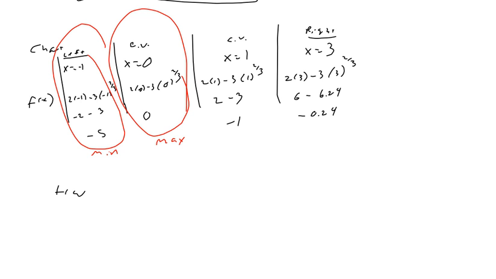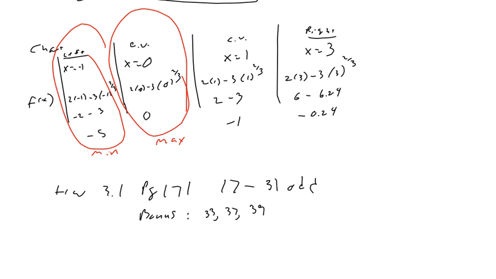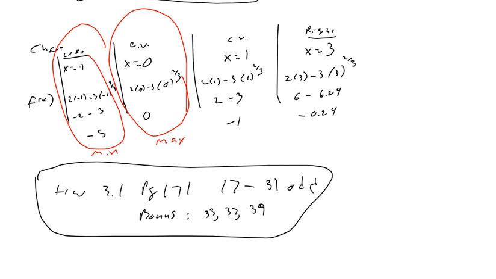I would like you to try numbers 17 through 31 odd, and there's a bonus if you want to try 33, 37, and 39. Give those a try. Find those maxes and mins. Do your chart. We will go over this on Wednesday when I see you next.